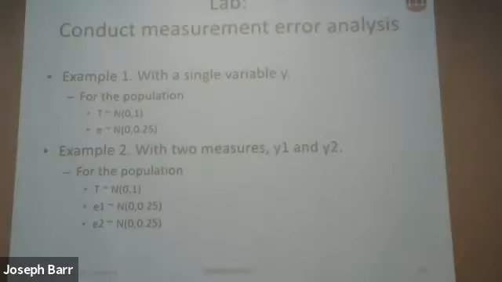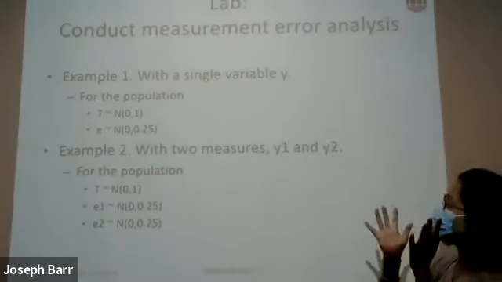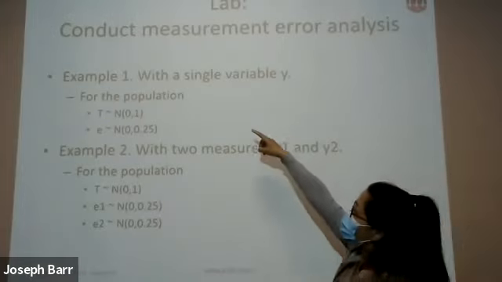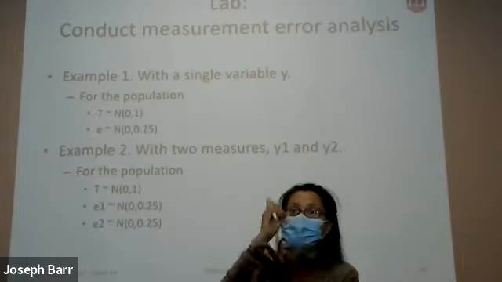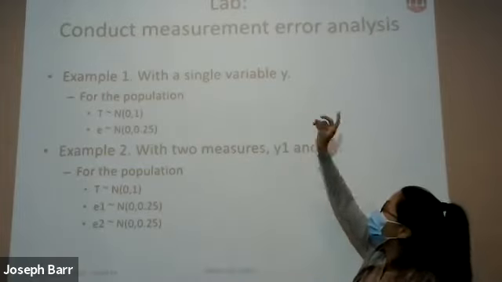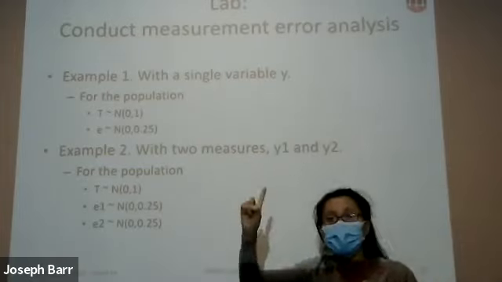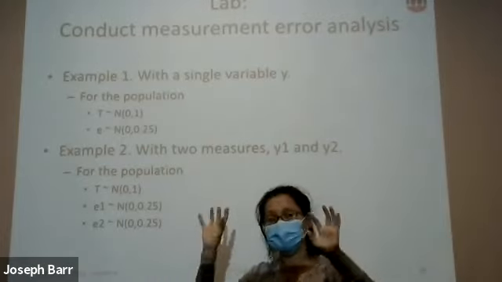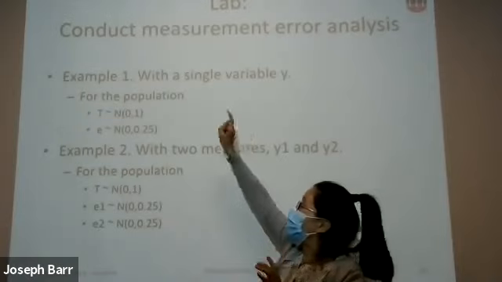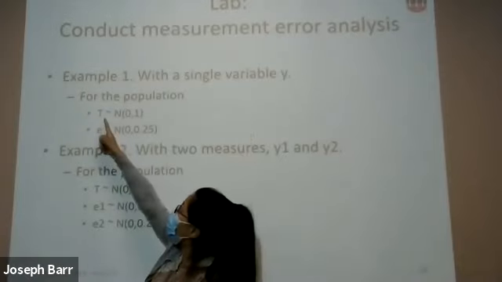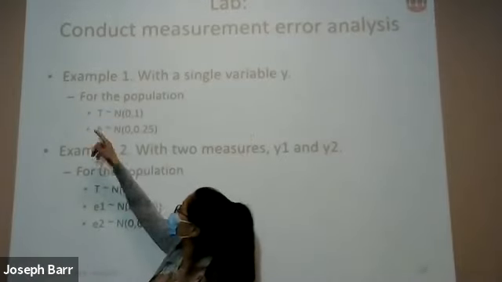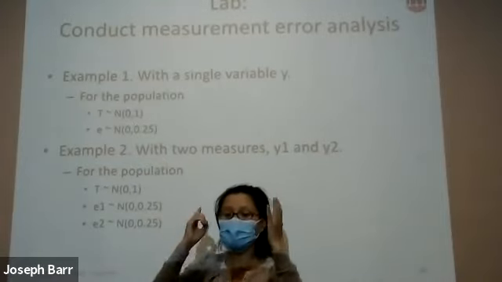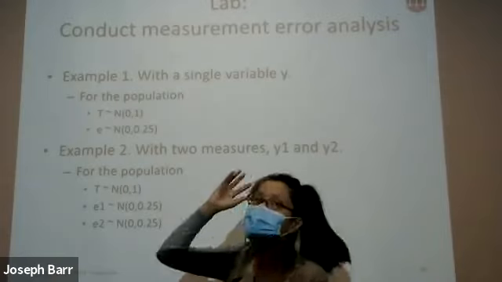Based on that, I'm going to have some simulation studies. We have 2 examples. The first example uses one observed variable, just a single variable y. Of course, y is a combination of 2 parts, the true value and the residual, the measurement error part. We assume these are the true values of the measurement error here. Because it's simulation, the first step is to generate your data.